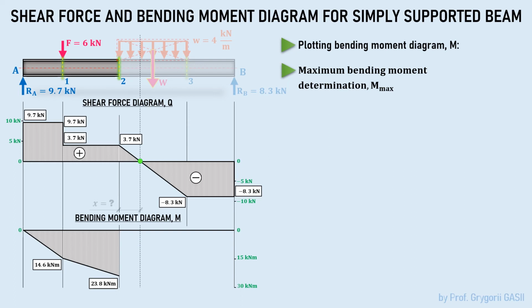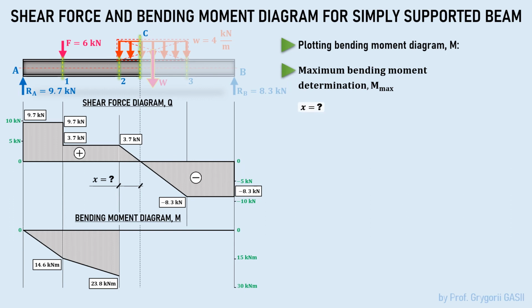So, mark the spot where the diagram of the shear force crosses the baseline as a capital C on the design model. To begin with, there is a need to determine the coordinate of point C. Mark the coordinate of point C as the small letter x on the design model.